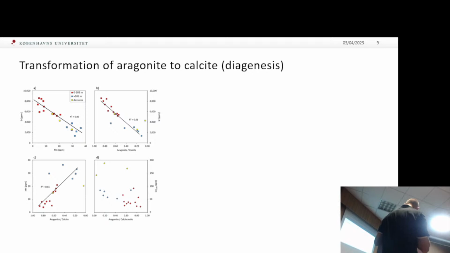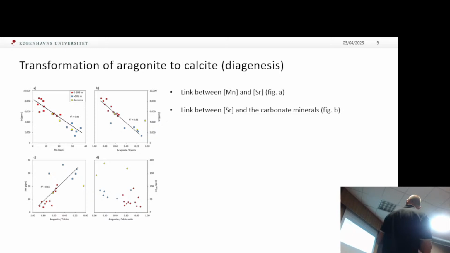So we could see that in the core we have a transformation downward from aragonite to calcite, which is related to diagenesis. And as you can see in figure 1, we have manganese here, we have strontium here, that there is a direct link between these two elements, which confirms that it's diagenesis.